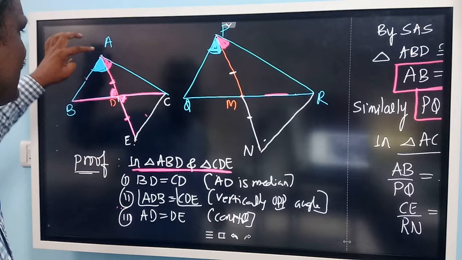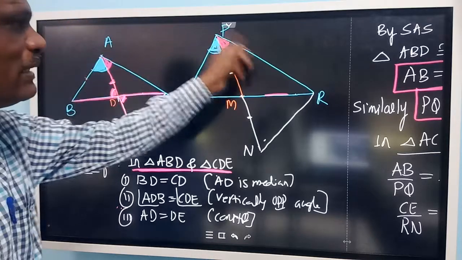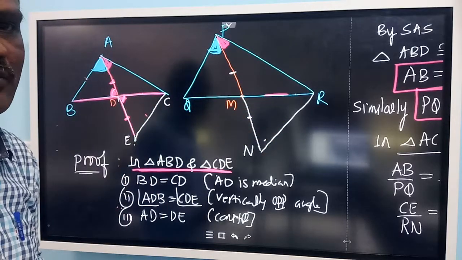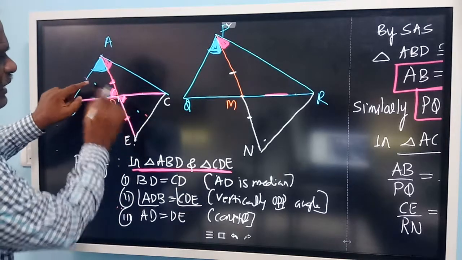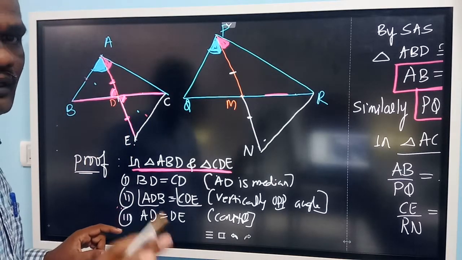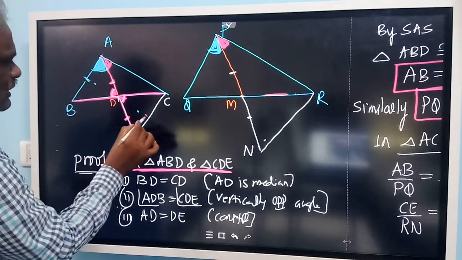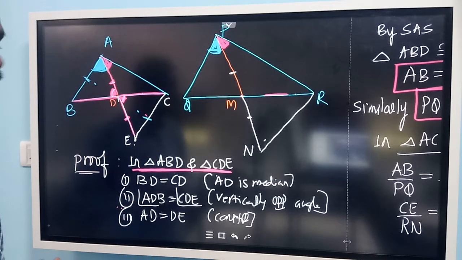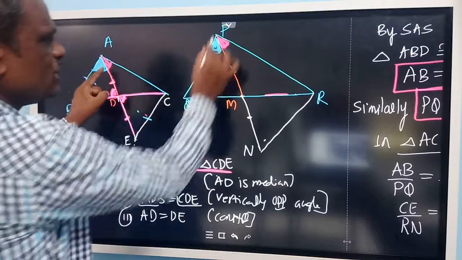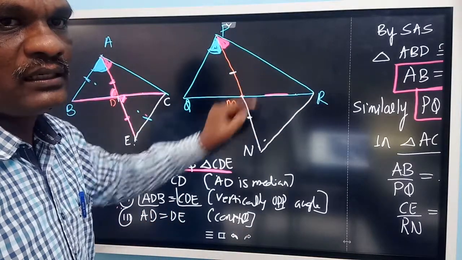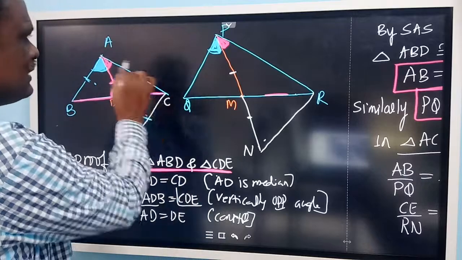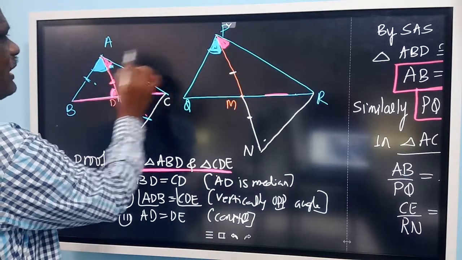Now instead, they gave AB by PQ, AC by PR, and the medians are proportional. In this case, what steps do we have to follow? First you have to show these two triangles are congruent. After showing congruent, you have to show these two sides are equal. Then you select these two triangles and show they are similar.